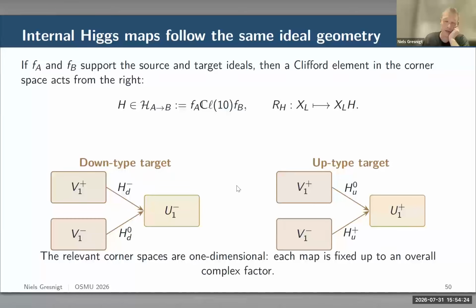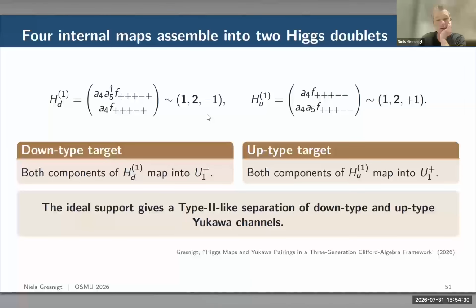So what do these look like then? How do these Higgs doublets look like as algebraic elements? Well, it turns out that we end up with two Higgs doublets. And so the first one is given by these two elements, and then the second one is this one here. And both of them transform as SU2 doublets, but they have opposite hypercharge.